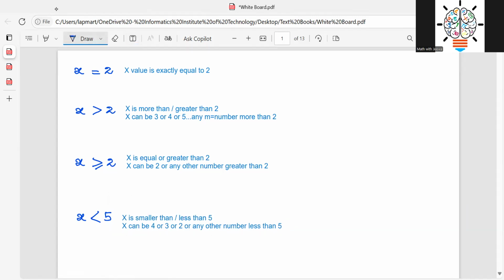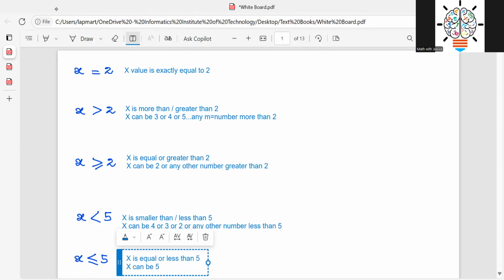If I say something like this, x is equal or less than 5, what does this mean? We write x is equal or less than 5. So what are the values? x can be 5 or 4 or 3 or any other number less than 5. Right? So this is how we write it.